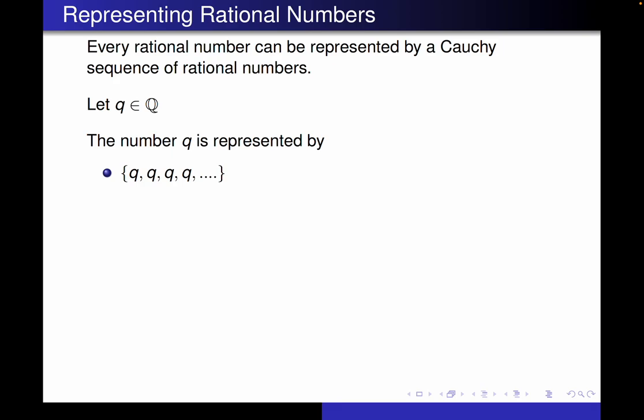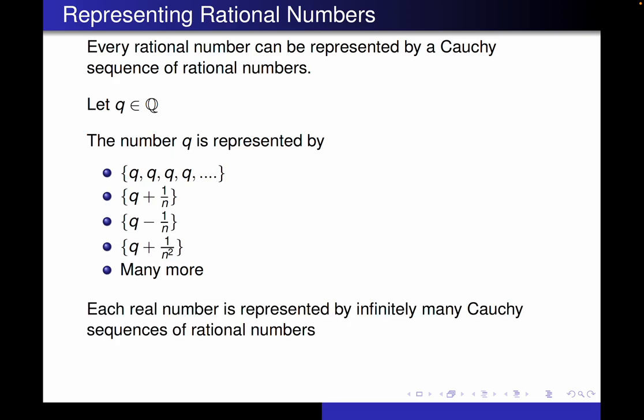And that converges to Q, so it represents Q as a Cauchy sequence. If you want to get fancy, you could say Q plus 1 over n. That also converges to Q, so that represents the number Q. Q minus 1 over n, Q plus 1 over n squared. You can see that there are tons of Cauchy sequences that can represent the number Q. And I wasn't even being very creative. If you want to be more creative, you can find lots more.